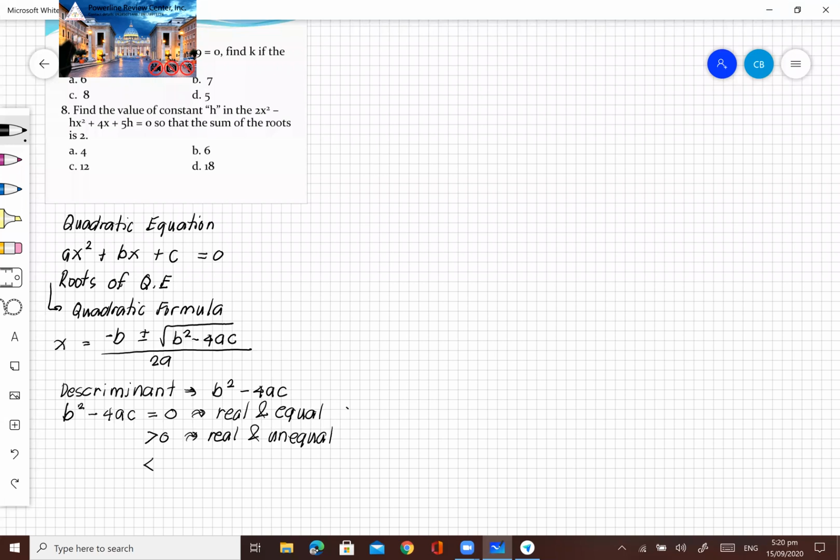However, if the discriminant is less than 0, which is negative, what kind of roots do we have? The roots are complex and conjugate.